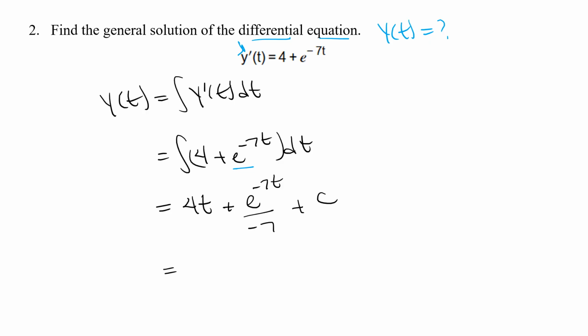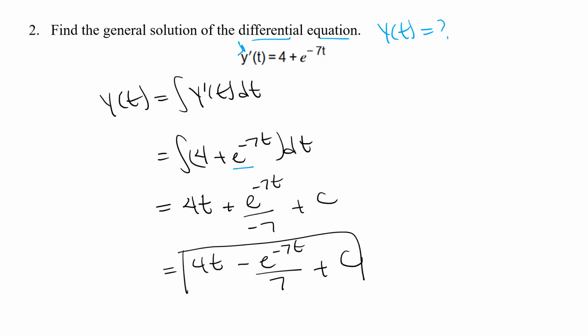So our general solution is 4t minus e to the negative 7t over 7 plus c. We call that a general solution because of the c there. Any constant here would satisfy this differential equation.